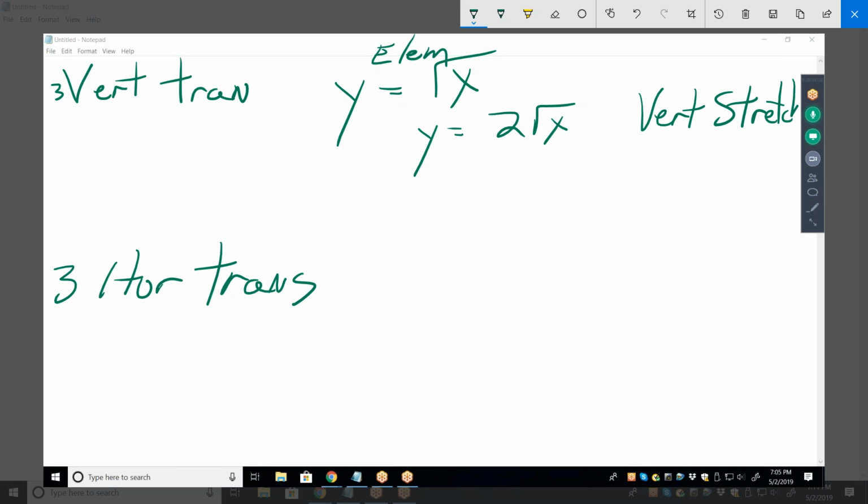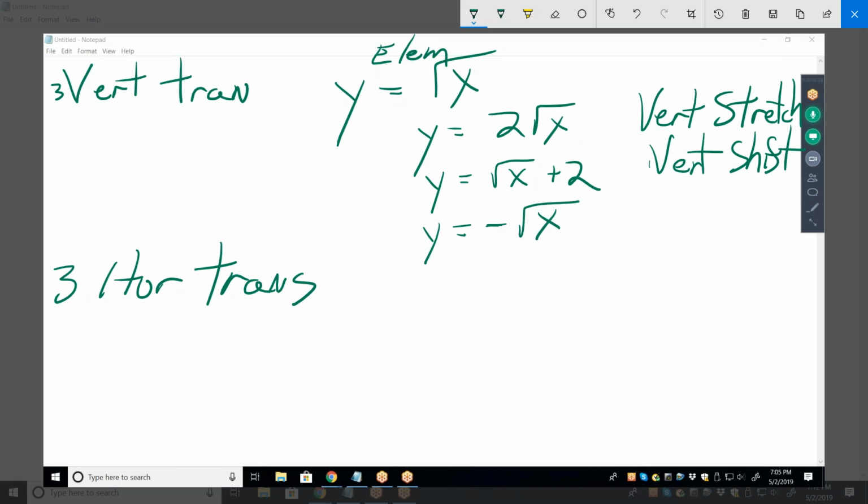Another one would be this. That is a vertical shift. And the third one would be this. That is a vertical reflection.